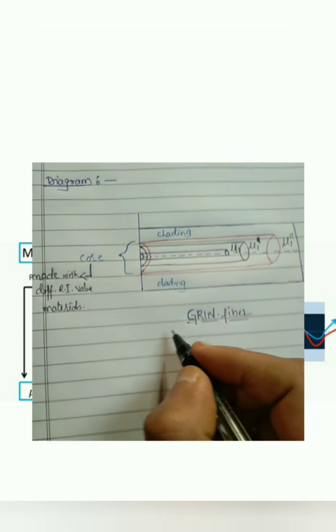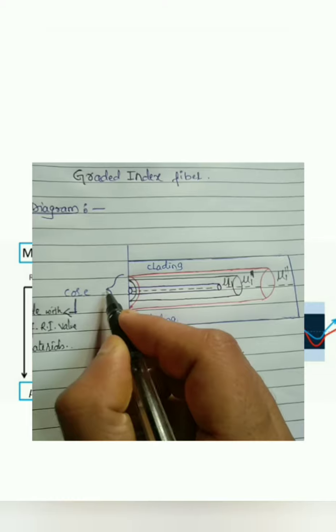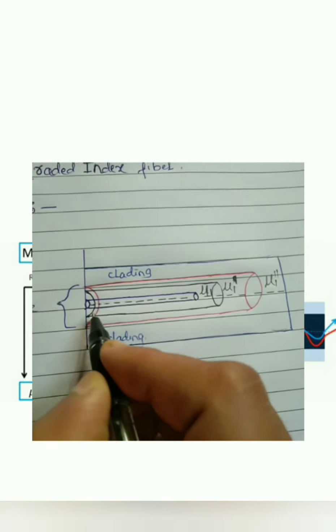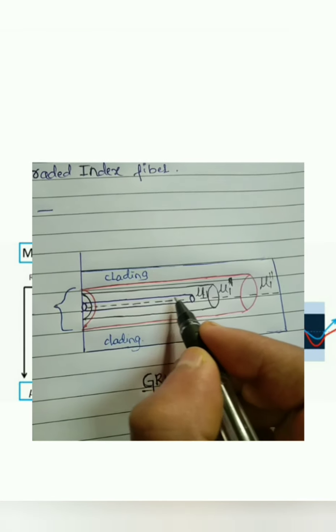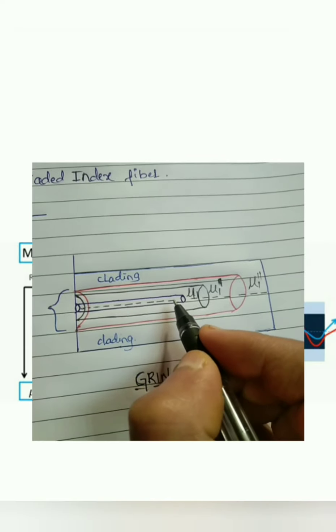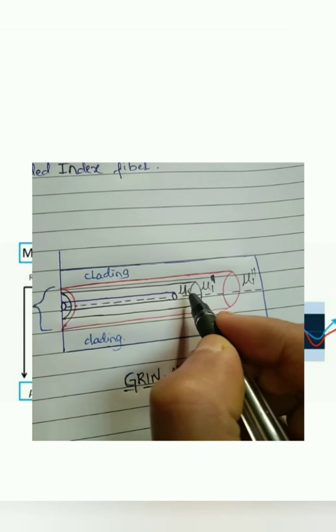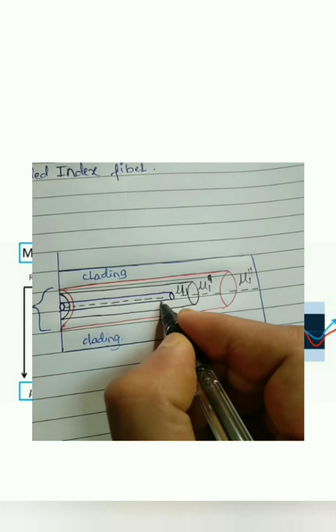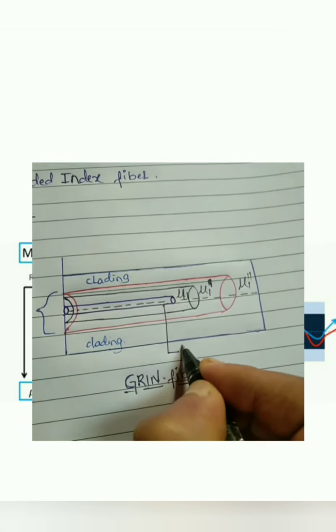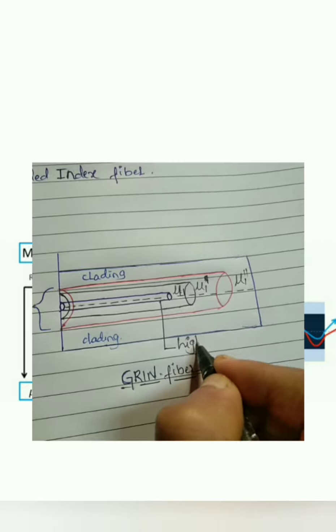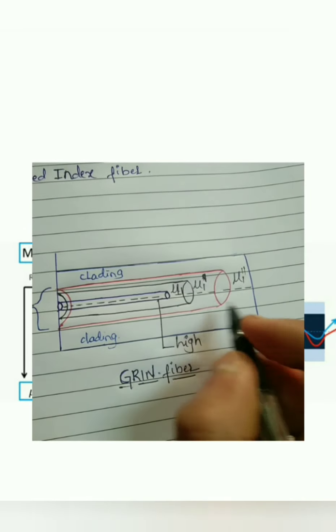I think you are observing here. From here to here, this is called the core. The central part inside the core is represented by refractive index mu1, which is made with a high refractive index. Mu1 is a very high refractive index.